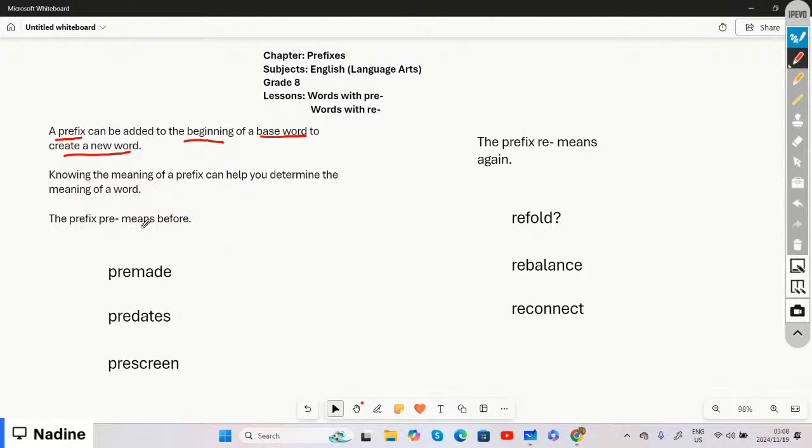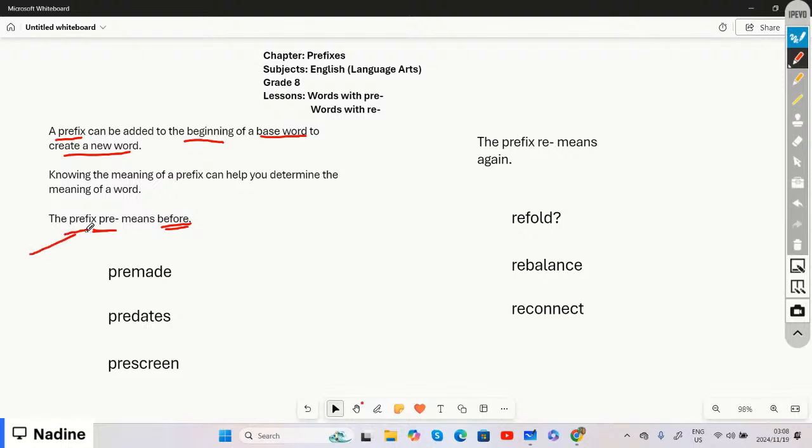So the prefix pre means before. Knowing the meaning of the prefix can help you determine the meaning of the word.